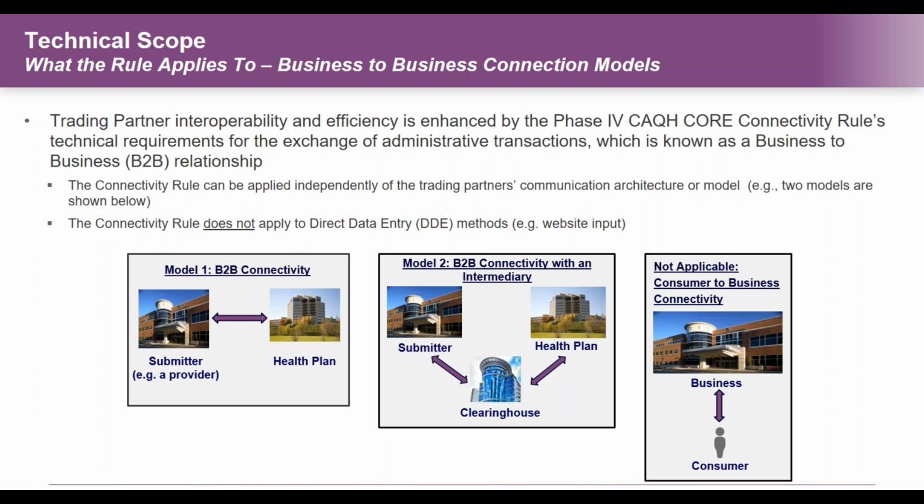And the other diagram at the far right shows a situation where a consumer is interacting directly with a business. This would be a situation where a patient is interacting with a business portal. This is not a scenario where you would apply the connectivity rule. So it's intended mainly for B2B client-server interactions.